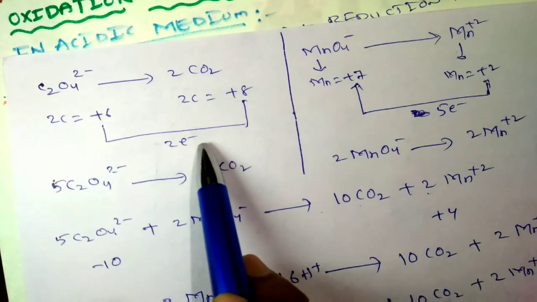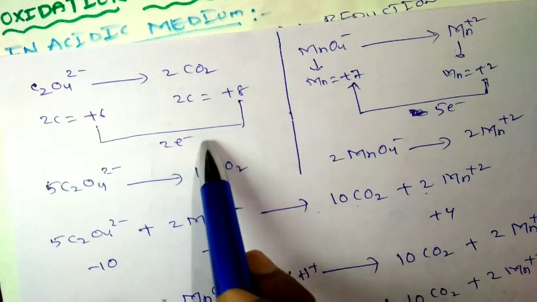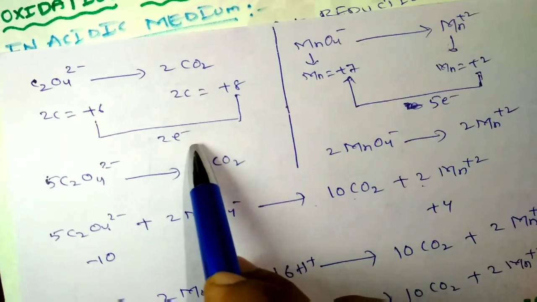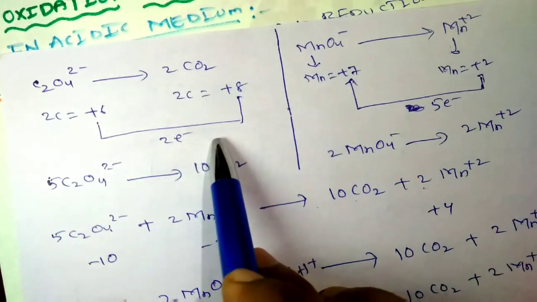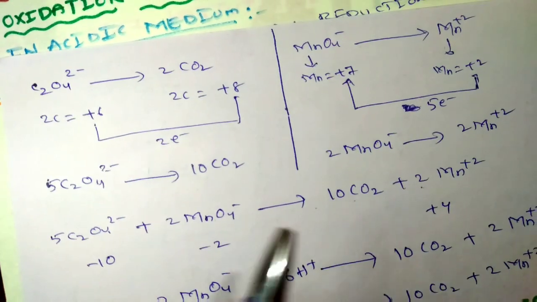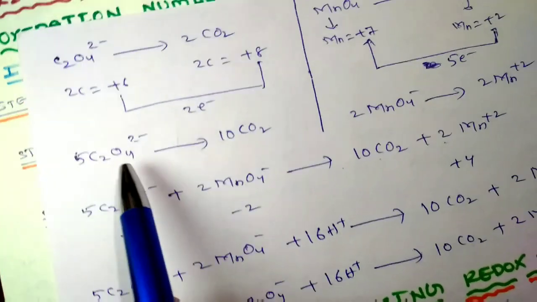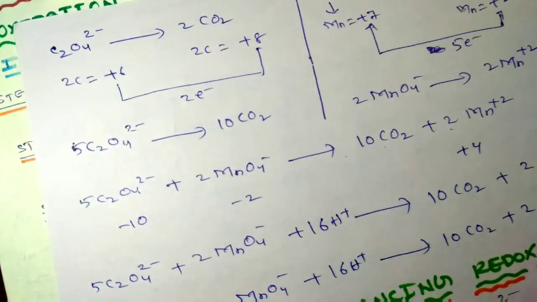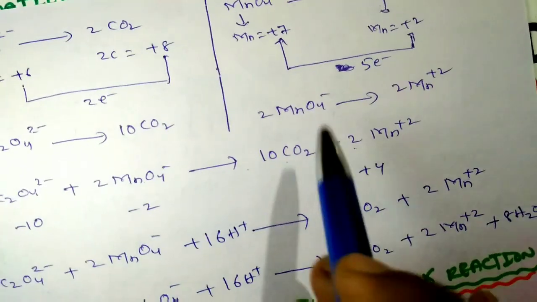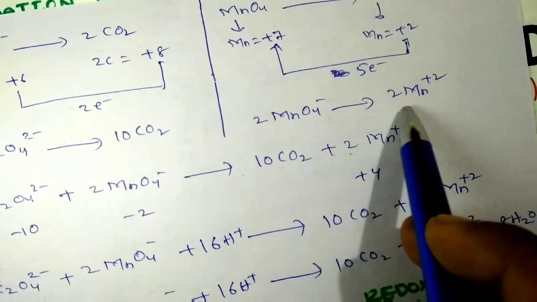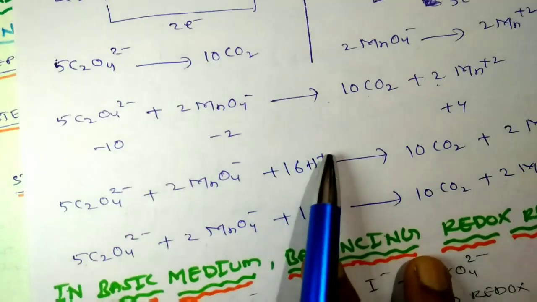Multiply the oxidation step by 5 and the reduction step by 2, then we get 10 electrons on both sides. That's what we have done here. So 5C2O4 2- gives rise to 10 CO2, and 2MnO4- gives rise to 2Mn2+.